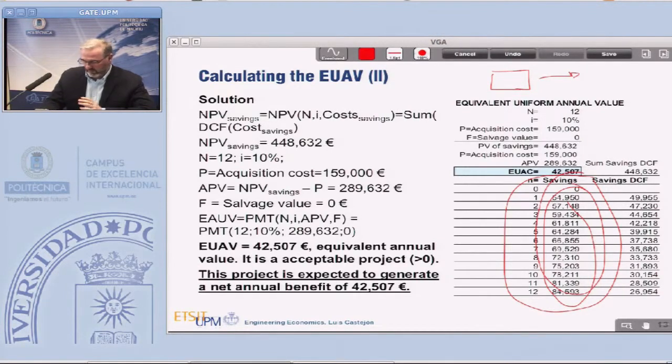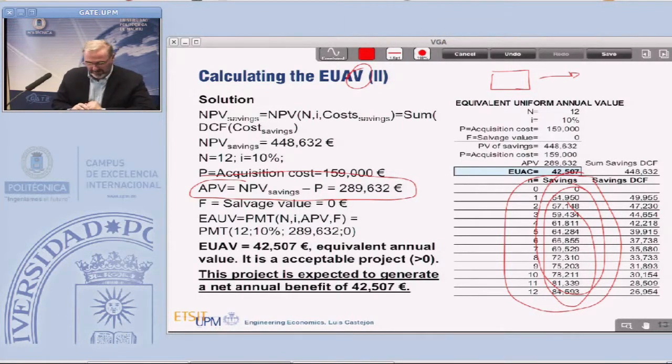This is quite a conventional calculation. The main difference from the case of the annual cost is that we calculate the adjusted present value not by adding the net present value of operation and maintenance plus the capex. We do it differently, because the savings are positive amounts and the purchase of the machine is a negative one.